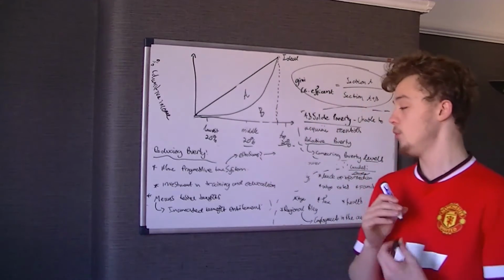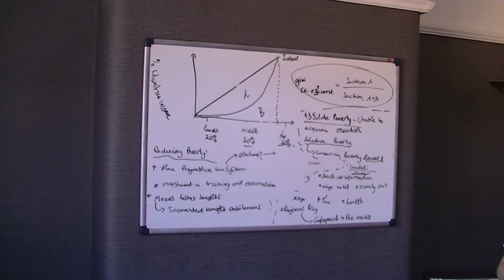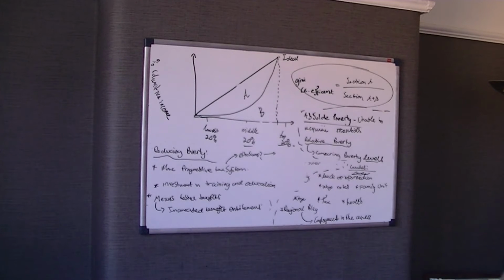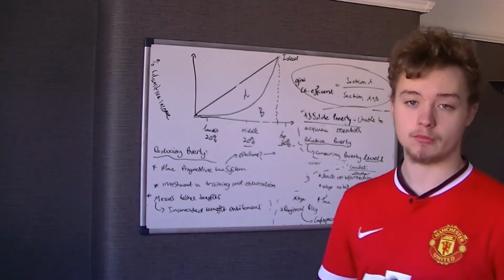So if we're giving people more in terms of benefits, what does this actually mean? Well, the reason I don't want to link it off like this is because I don't have the space and I can just talk about it. Alright, so if we're giving people more in terms of their benefits, then obviously they've got more income, more to spend.